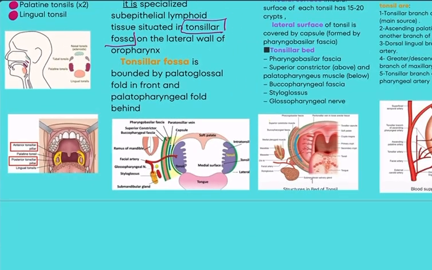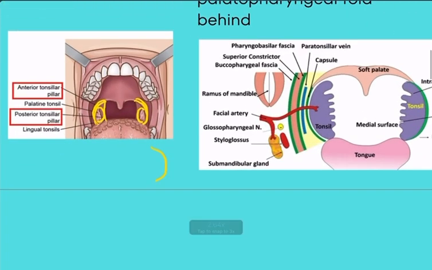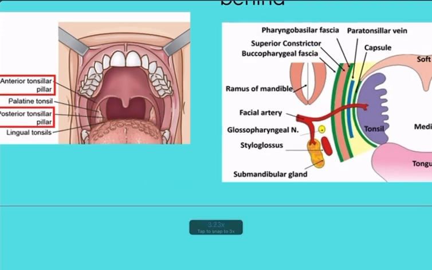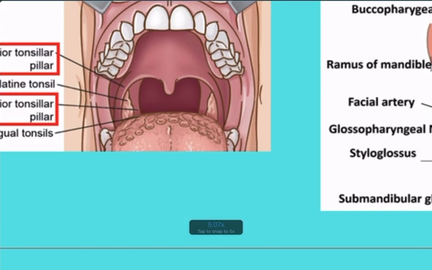The importance of this tonsillar fossa is that it's a pocket-like structure bounded anteriorly and posteriorly by important folds that have a role during tonsillectomy operations. Here is the anterior fold, and this one is the posterior fold, and in between is the tonsil.